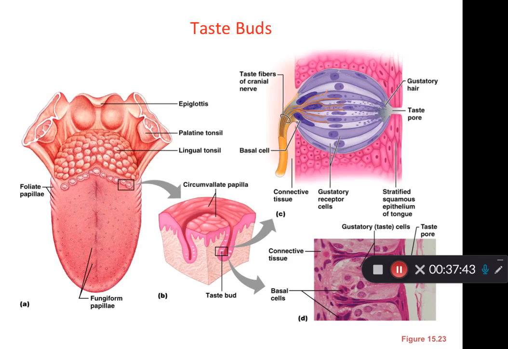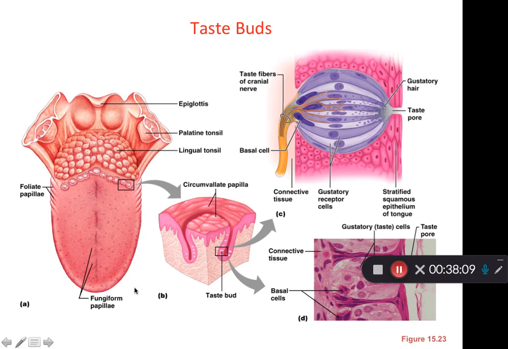So this is a tongue. Here we have this V-like line. This V-like line is called the sulcus terminalis. The V line divides the tongue into two parts.